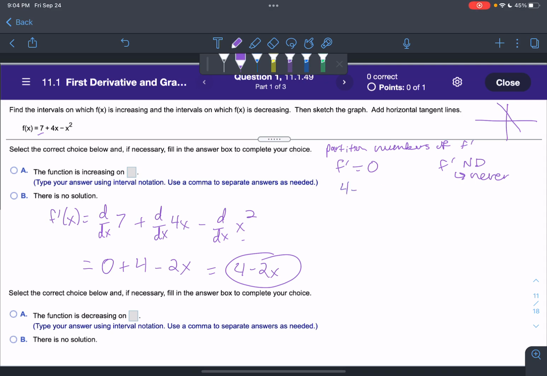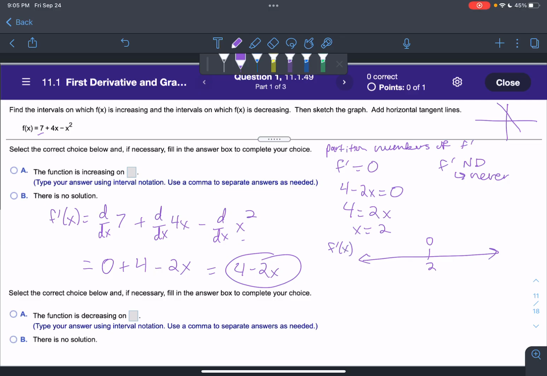But anyway, our derivative can equal 0, and that occurs when x is 2. So that's one of our partition numbers, and we call it a partition number because we're going to use a sign chart, and that partition will go on it. And we also mark this with 0 because our f prime was 0 for 2.